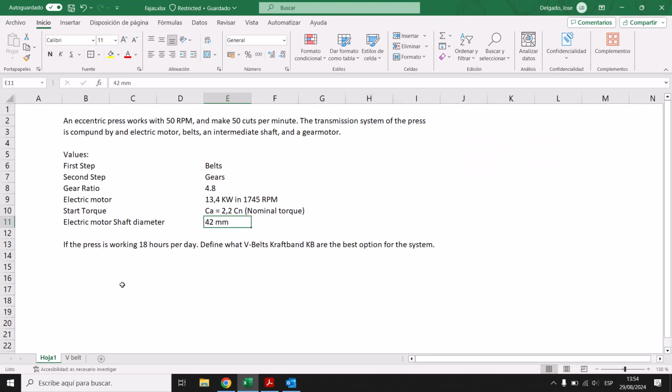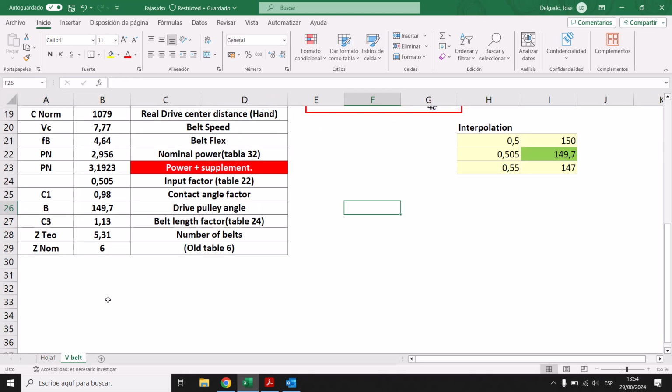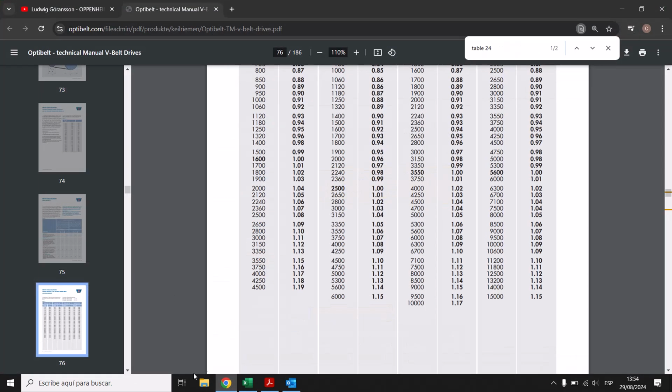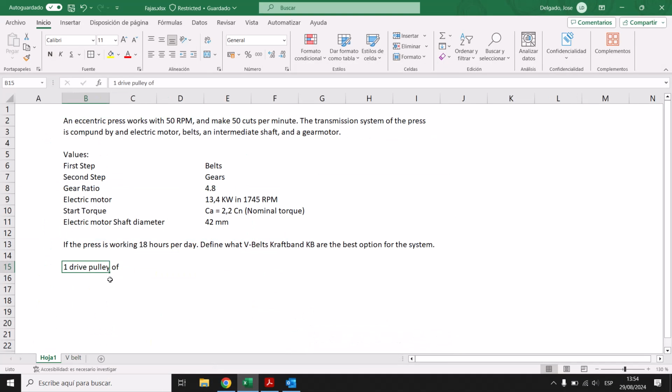So for this question, the answer should be, how can I write it? One drive pulley of, what was the number? 85.